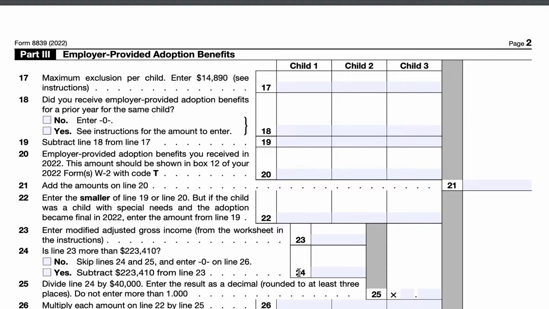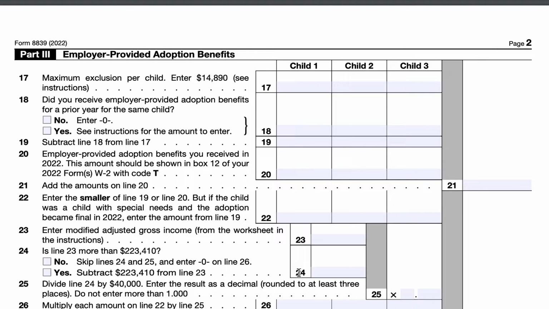In line 21, you'll add all of the amounts on line 20. And in line 22, you will enter the smaller of line 19 or line 20. If the child was a child with special needs and the adoption became final in 2022, you will enter the amount from line 19.